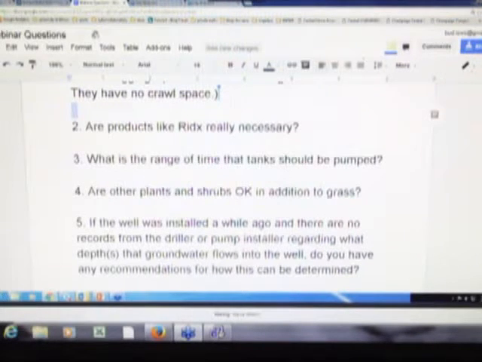That one article from Nessie says there are over 1,200 products out there that are supposed to, quote, help your septic system. All the professionals and scientists all say that none of them are really necessary if you maintain your system properly. So the range of time that tanks should be pumped, I provided that list from Nessie.